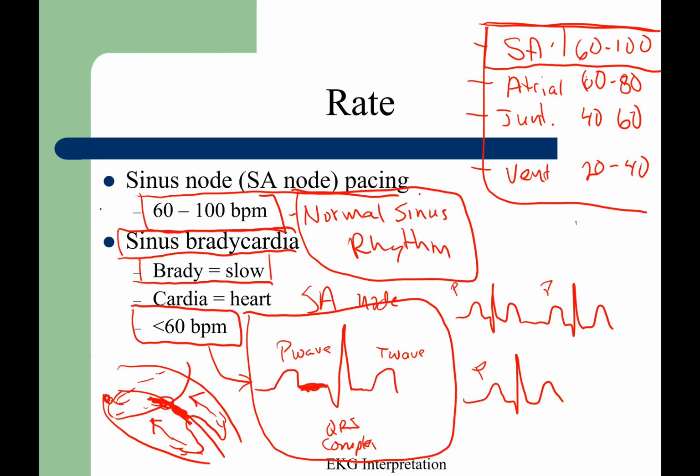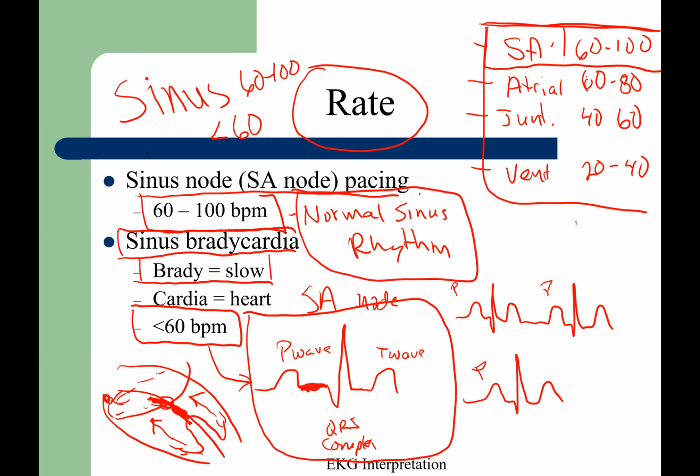And if they do, then we love calling it sinus. How do we identify whether it's normal sinus or sinus Brady? Based on the rate. 60 to 100 is normal sinus. Less than 60 is Brady. And we abbreviate normal sinus with NSR.